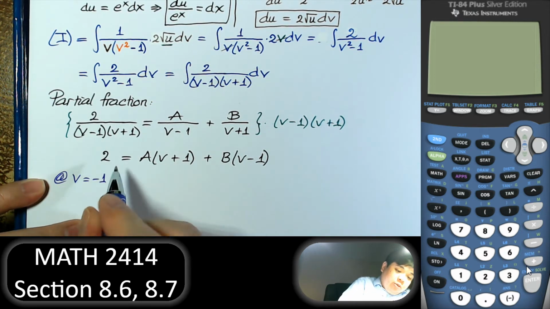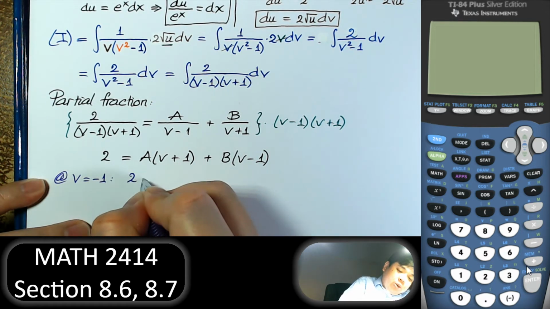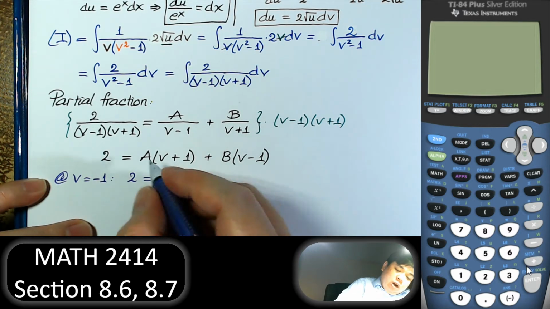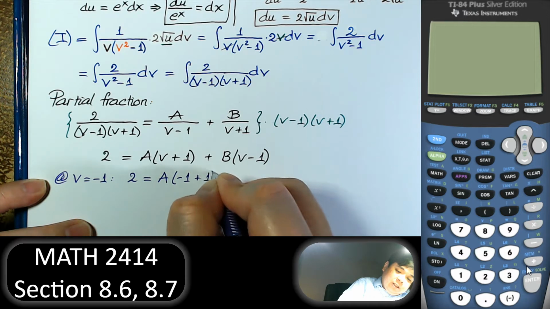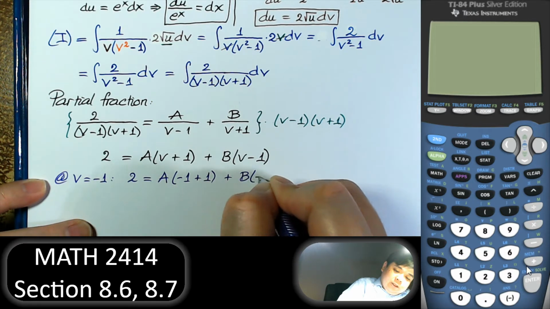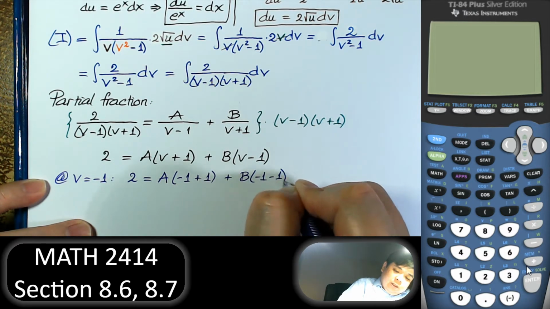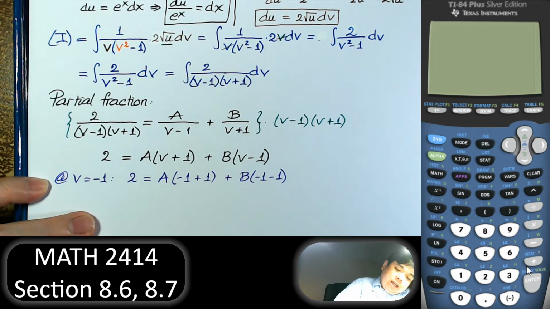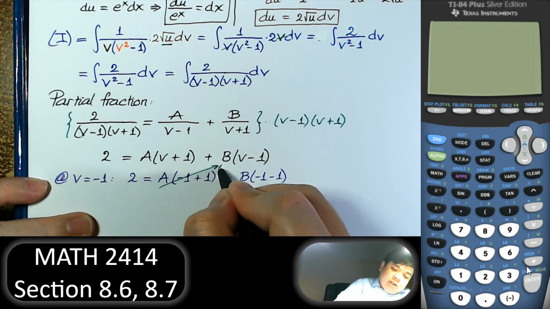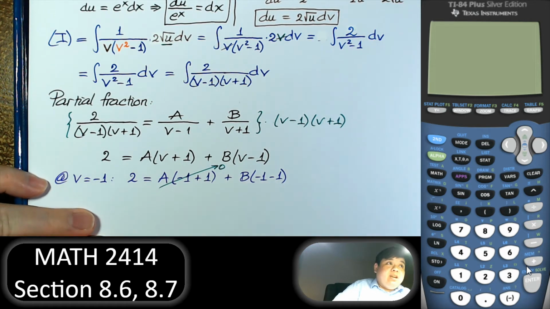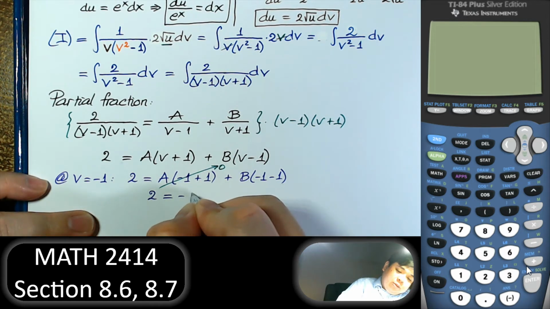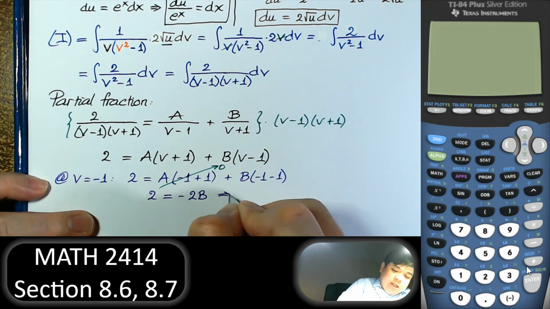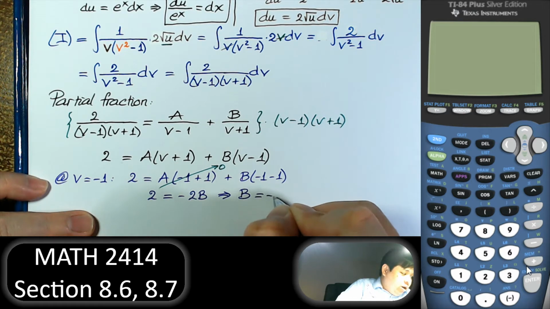If v equal to negative 1, we have 2 equal to, put negative 1 into v, that's 0, which cancels out. That is negative 2. So we have 2 equal to negative 2B. So B is negative 1.